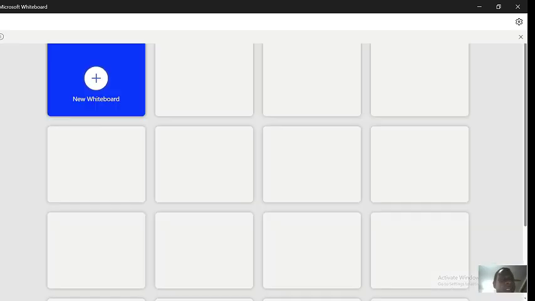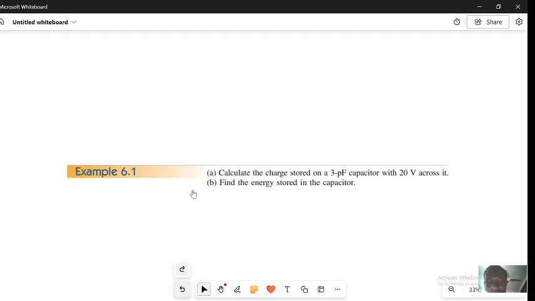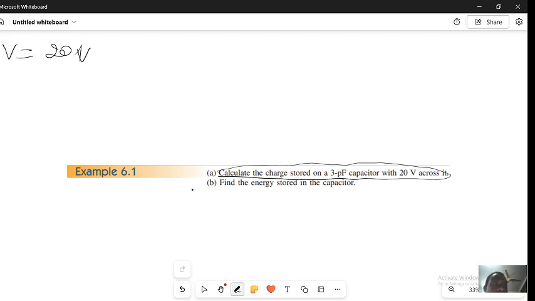Now, let's see some examples. It says to calculate the charge stored on a 3 picofarad capacitor with a voltage of 20 volts across the capacitor.